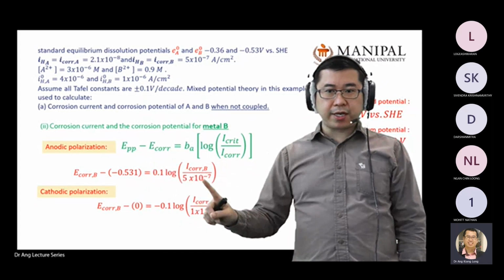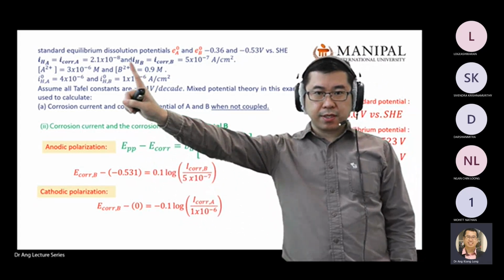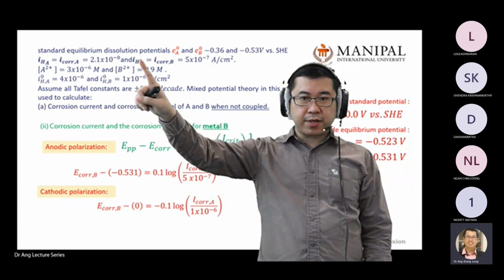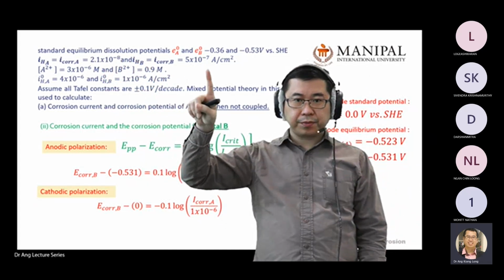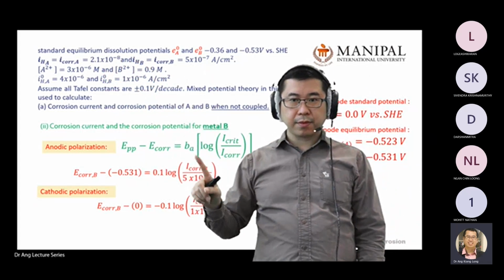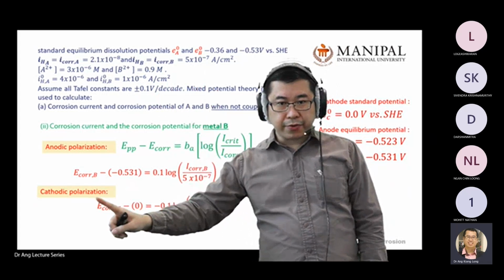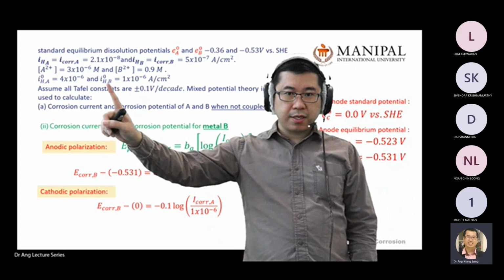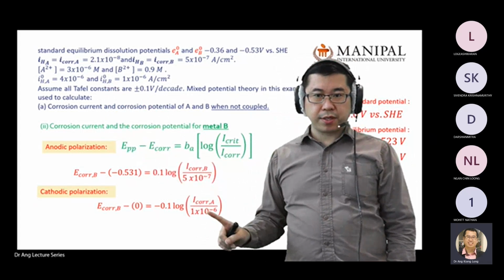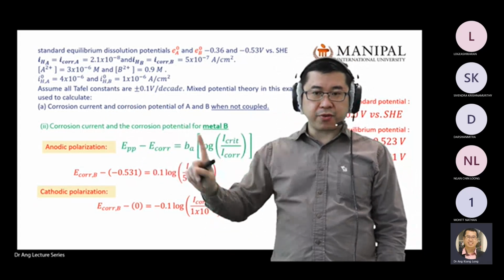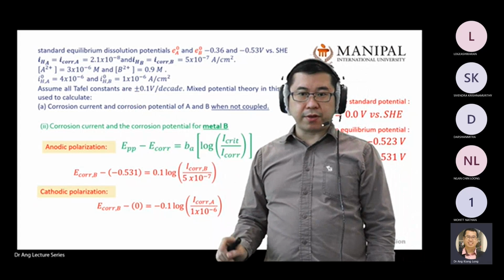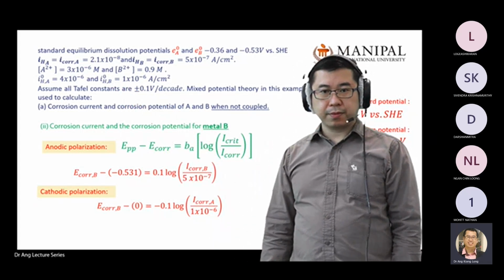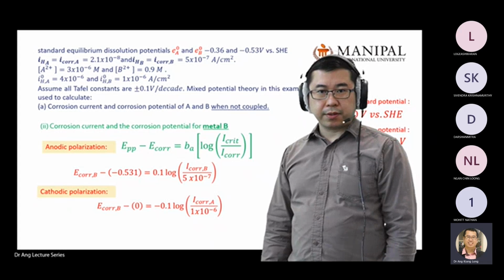For anodic, you use the corrosion current density. For cathodic polarization, you use the hydrogen evolution, the I for the hydrogen evolution.